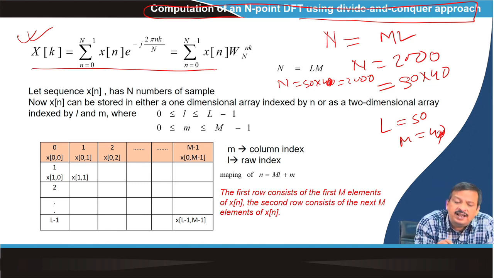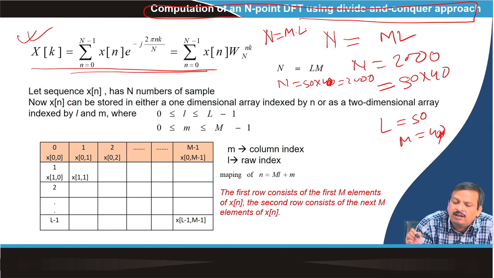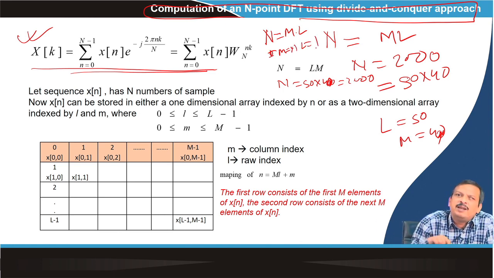When I directly compute an n-point DFT, n is equal to m into L or L into m, where m is equal to n and L is equal to 1, or L is equal to n and m is equal to 1.